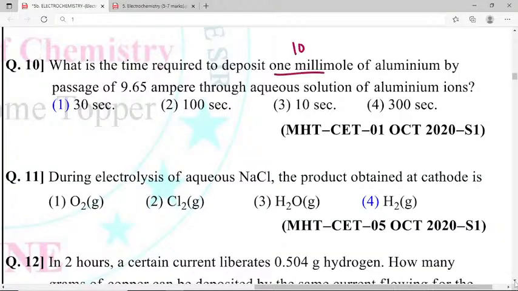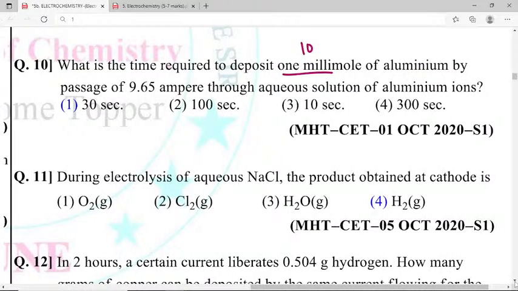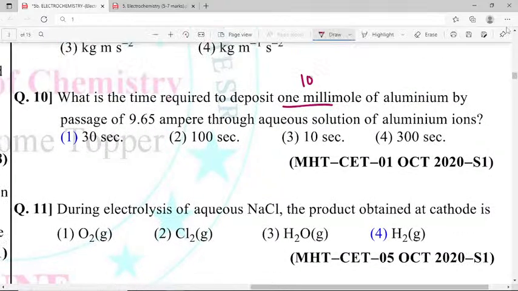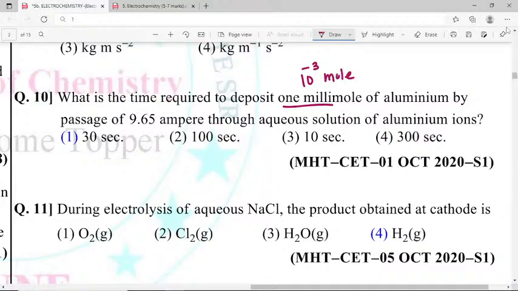What is the time required to deposit 1 millimole, 10 to the power minus 3 mole, of aluminum by passage of a current of 9.65 ampere through an aqueous solution?